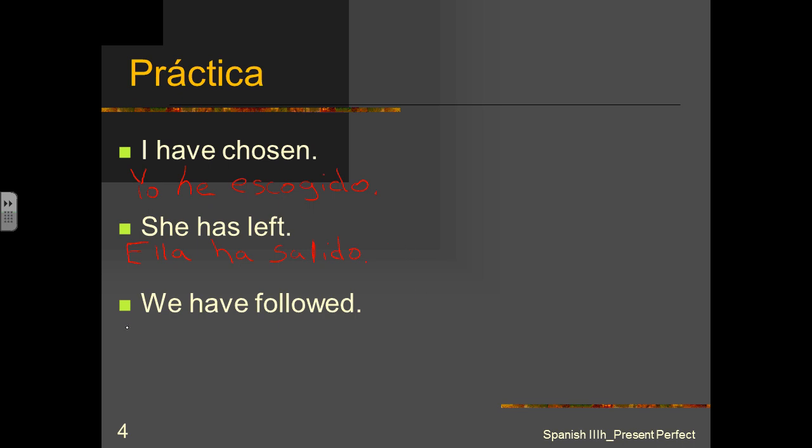We have followed. So we can use nosotros. And then have, hemos. You don't need nosotros. To follow, you remember to follow? Seguir, right? Seguido. In this tense, or the past participle, seguir does not stem change.